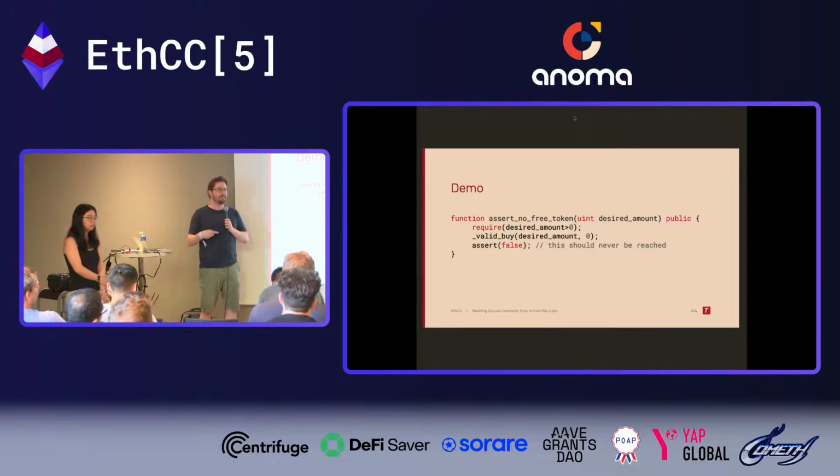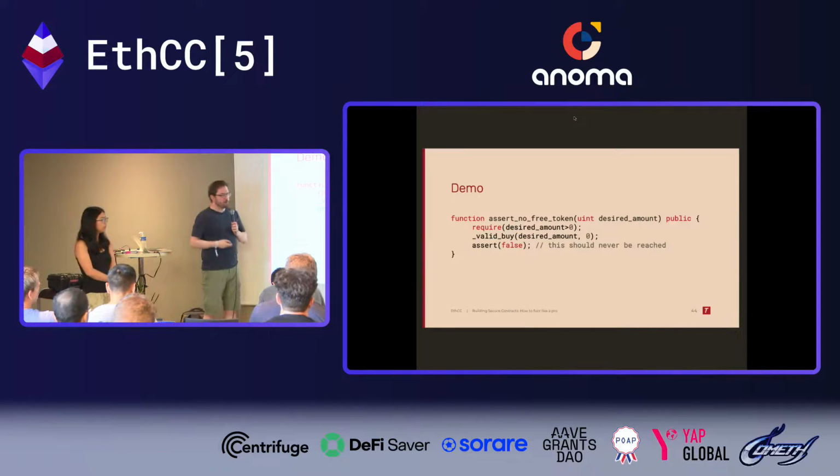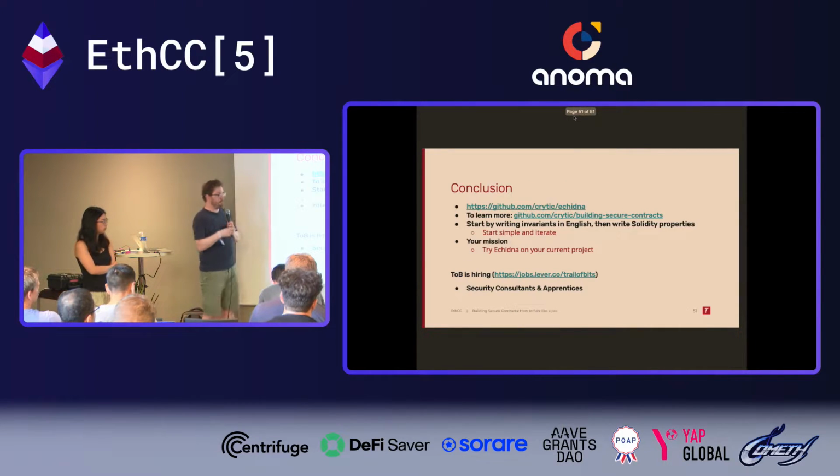However, this is not the best approach because the fuzzer is still going to generate input. Here it's just 0, so there's just one value that is going to be rejected. But let's say you want this value between, I don't know, 20 and 25. One way to do this is to use modulo. In Building Secure Contracts, you will find a pattern and tips to implement that.